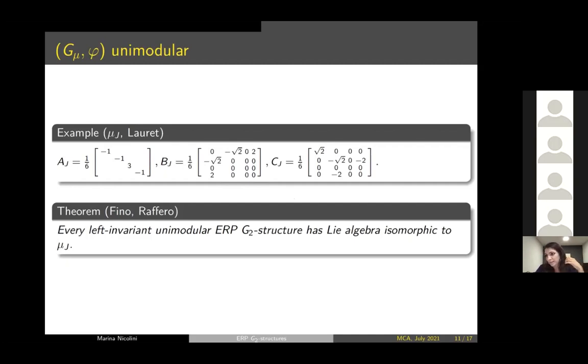I mean, they proved this, and it's a very interesting result, and we use it, but there might be another ERP G2 structure on the Lie group that is not equivalent to the G2 structure given by Lauret. But we could not find another new example in this case.